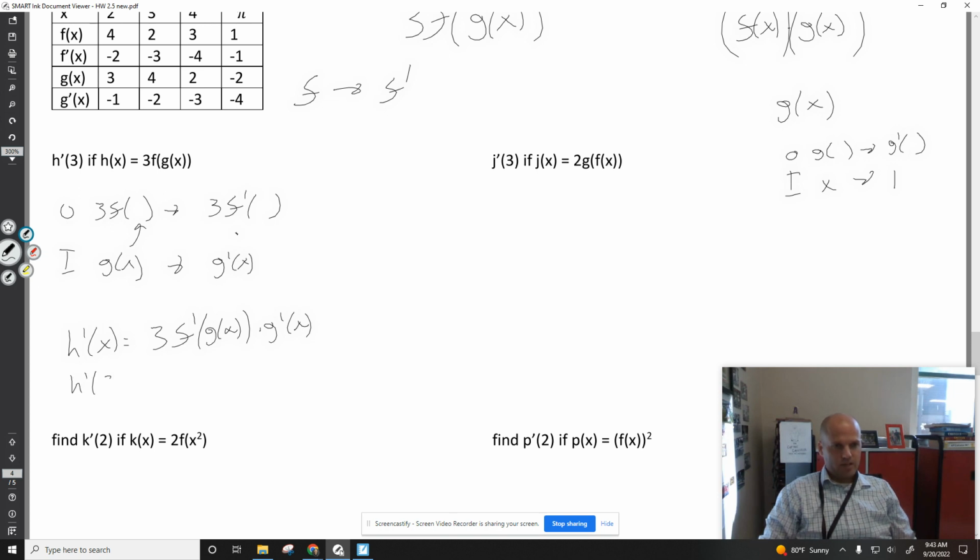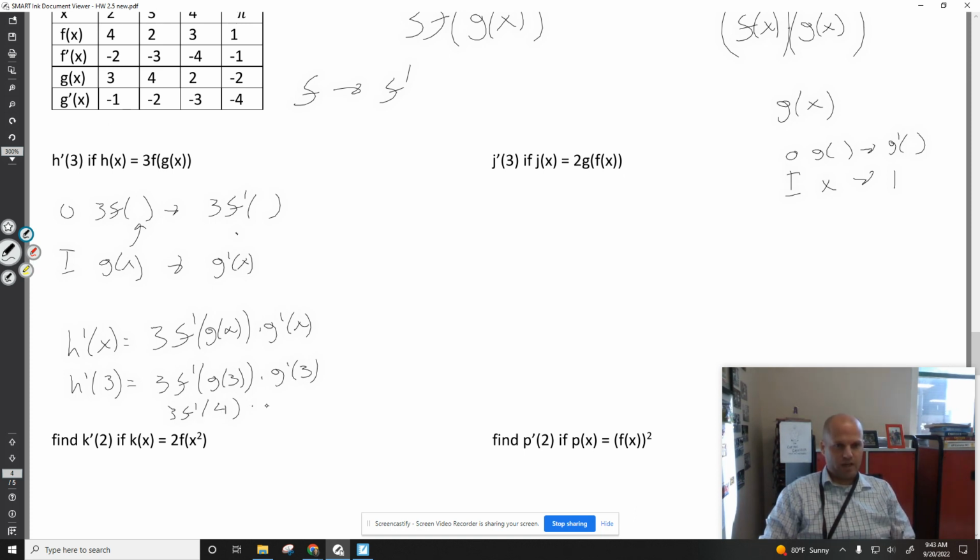Now the next thing is to plug in 3. And this is where you pump the brakes. Again, this is not a product. It is what is f prime of g of 3. You go into your table, g of 3 is 4. You need to now find f prime of 4 and multiply it by g prime of 3.